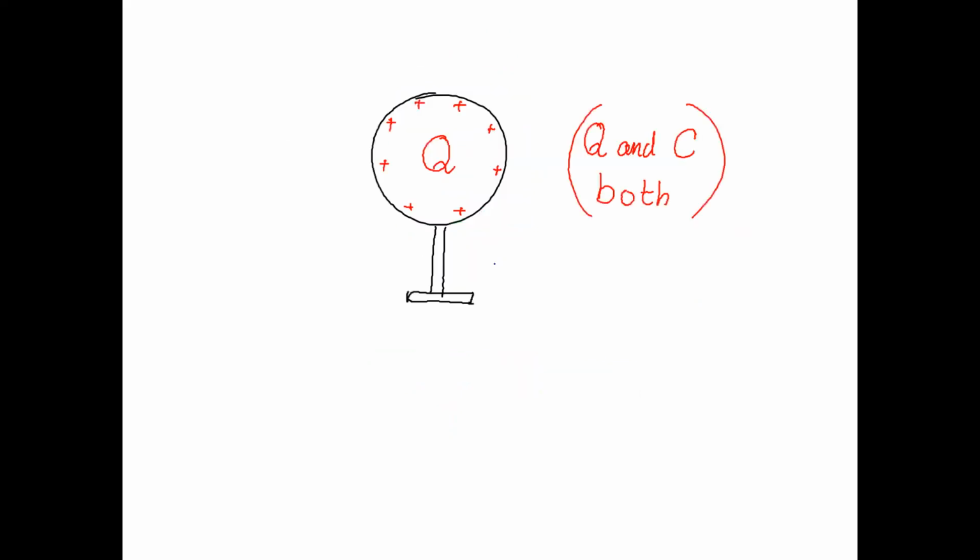We have produced an electric field. Now, this is a sphere and we have placed it on an insulated stand. We are charging it. Now, you can see here that the sphere is charged. It's a charged sphere.